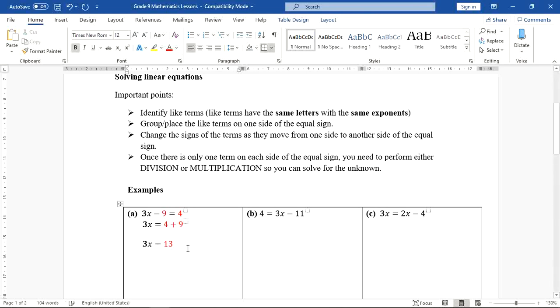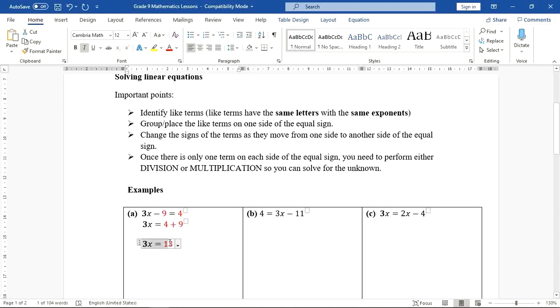Remember we are looking for x, not 3x, so we need to get rid of the 3. The rule says once there is only one term on each side of the equal sign, you need to perform either division or multiplication. We have one term on the left hand side and one term on the right hand side, so we need to get rid of the 3.